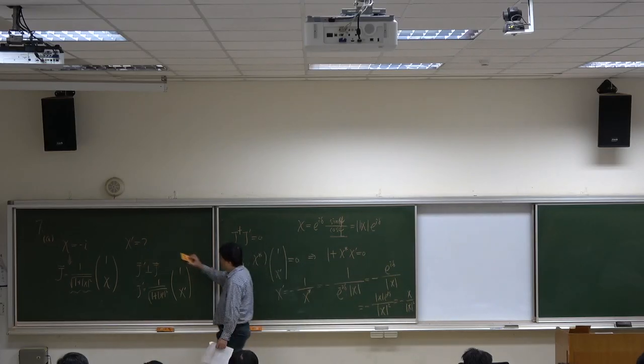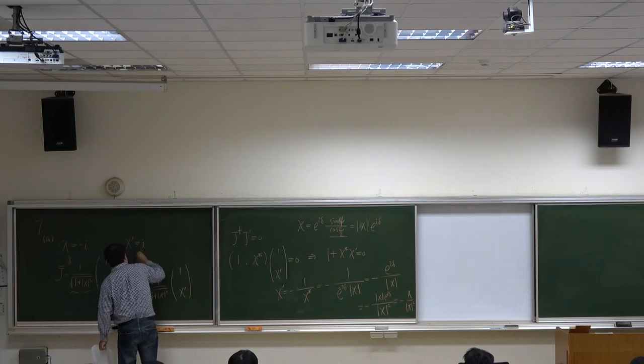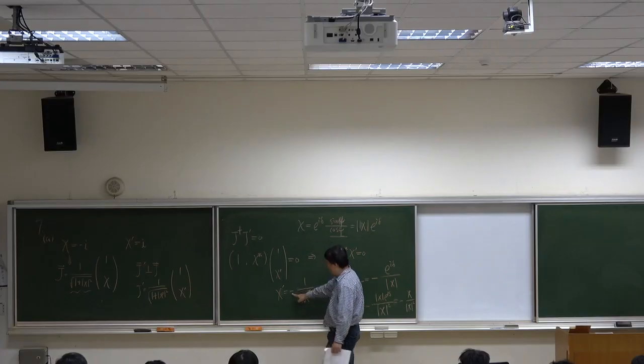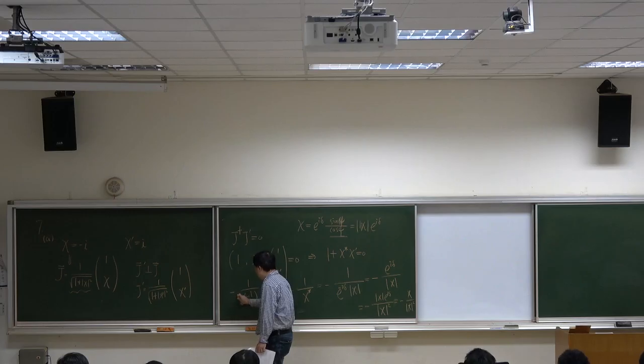For this, we have simply the result is minus 1 over i star, minus i. Okay, so minus minus.